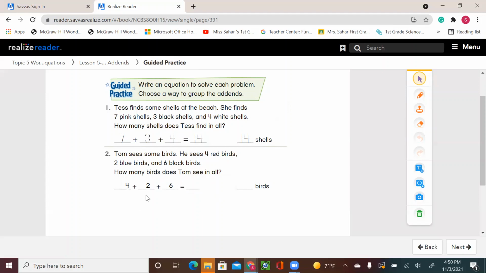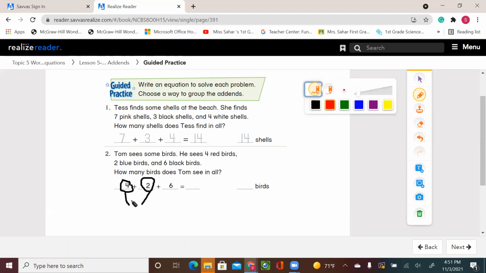I see it easy for me if I say 4 plus 2, if I added the first 2 addends. So I'm going to say 4 plus 2 equals 6. Very good. So I'm going to write 6 plus 6.